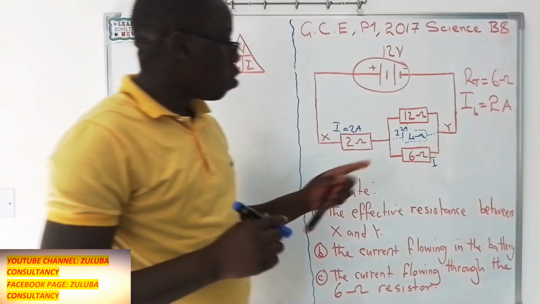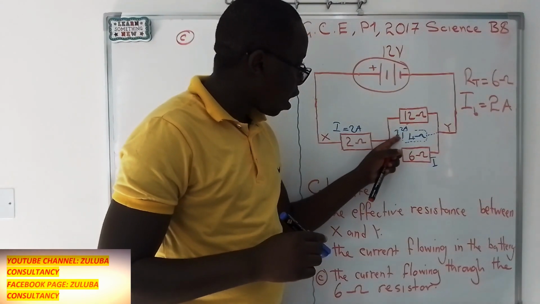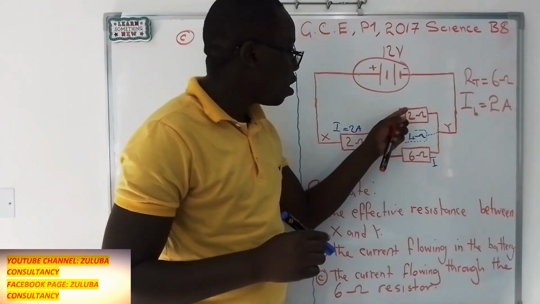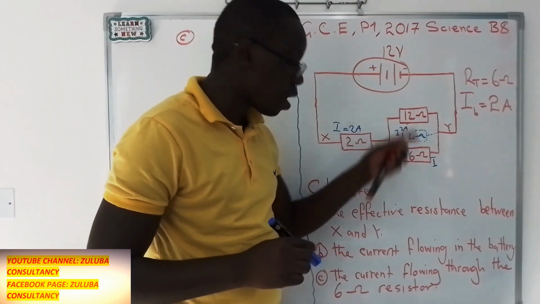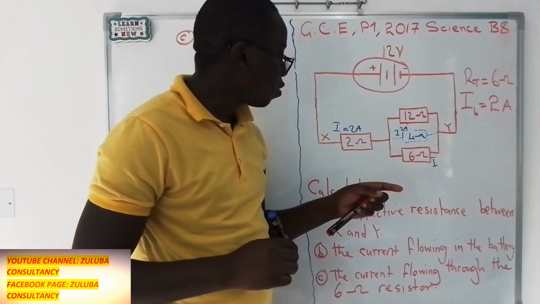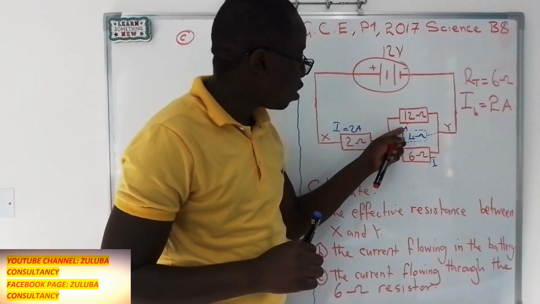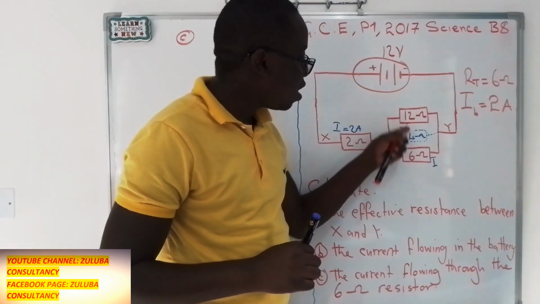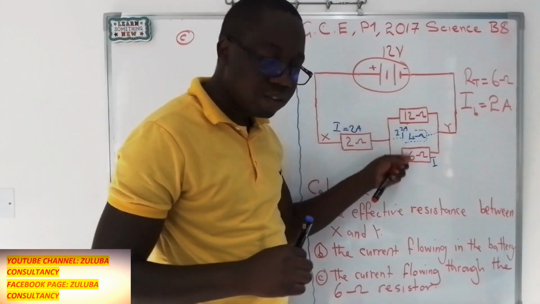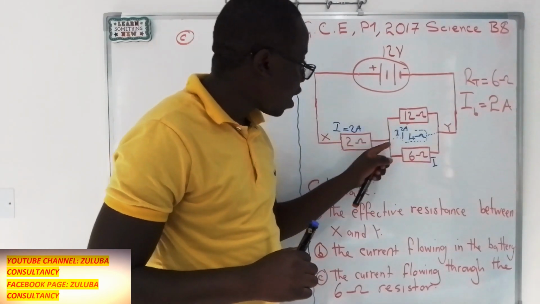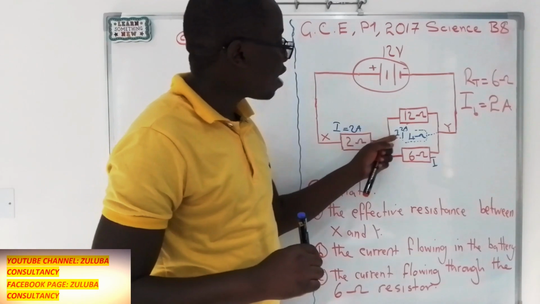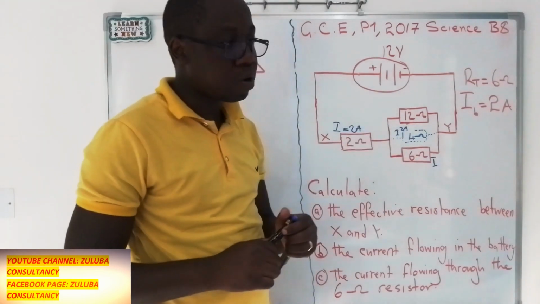So if you know the current that is coming at this point after the resolving of these two parallel resistors, we can use these 2 amps and the resulting resistor here to find the potential difference or the voltage that is reaching these two components.